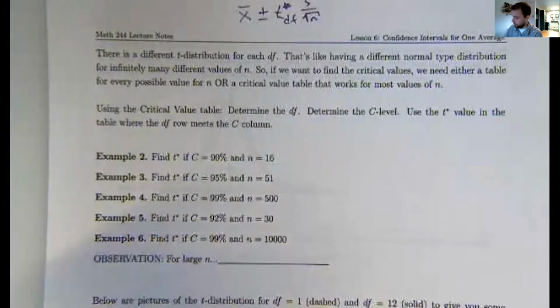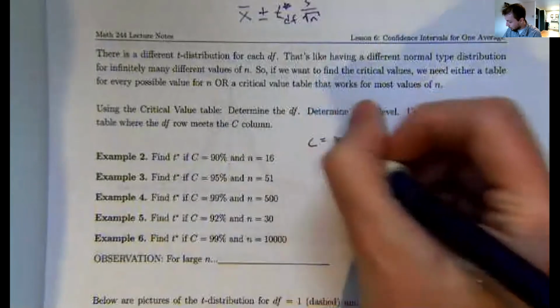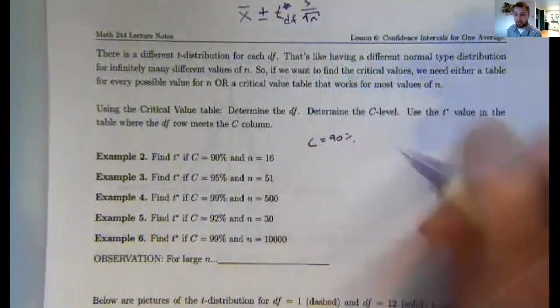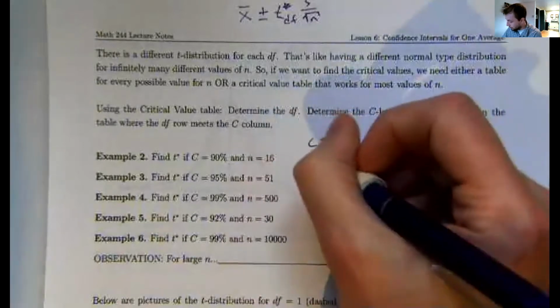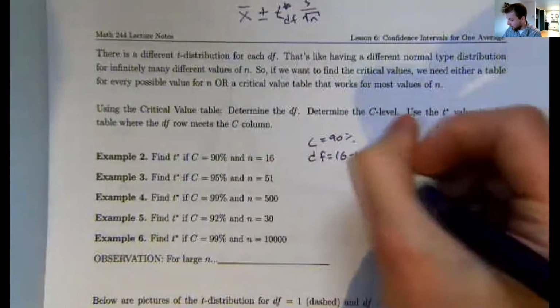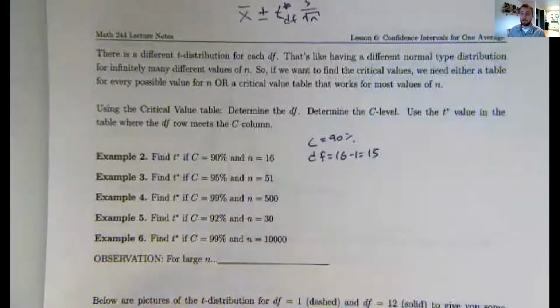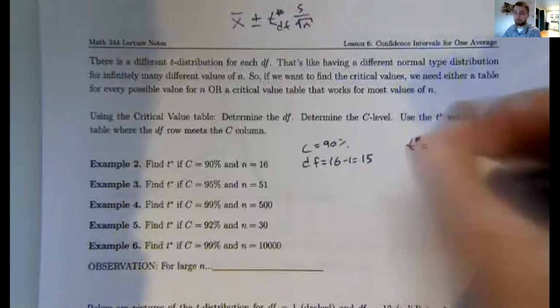So here's what I'm going to do. I am going to find 90% in the center. And if I have 16 samples, my degree of freedom is going to be 16 minus 1. I'm going to have 15 as my row. So I'm going to go to the 15 degree of freedom row, meets the 90 column, and whatever number is sitting there will be my T star.